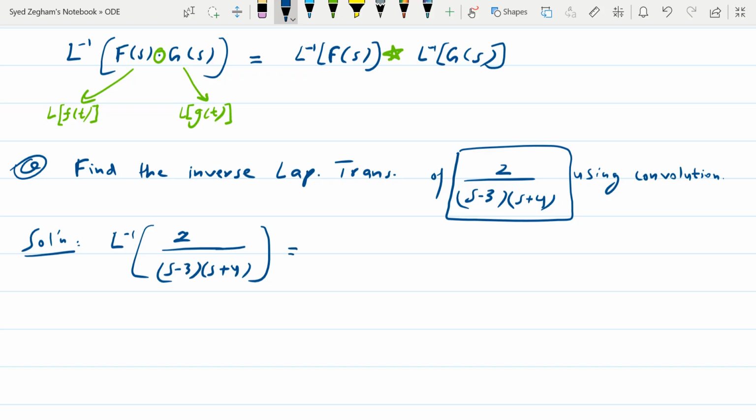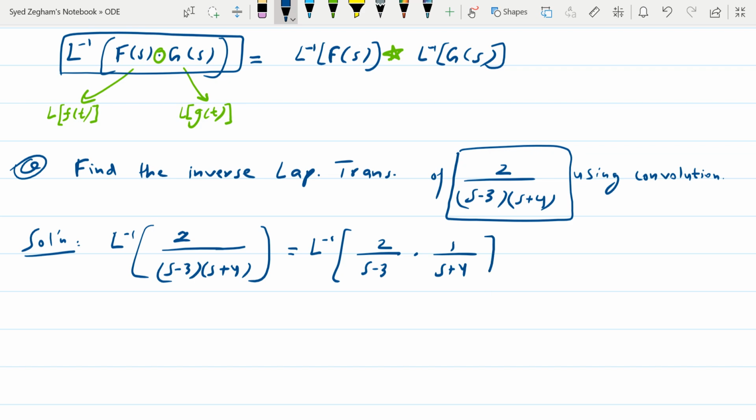Now, to use this property, let us try to write this as a multiplication first. So we can write it as L inverse of, let us say, 2 over (s minus 3) multiplied by 1 over (s plus 4). No problem. Now let us apply this property.